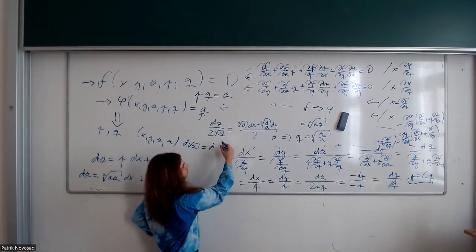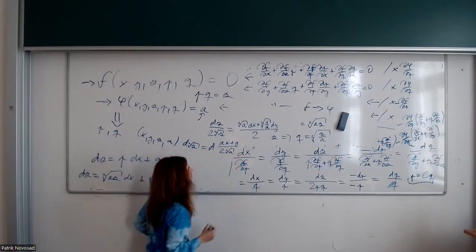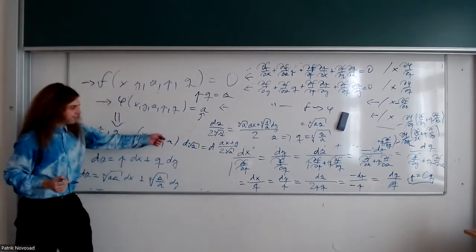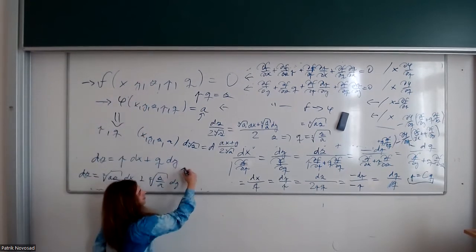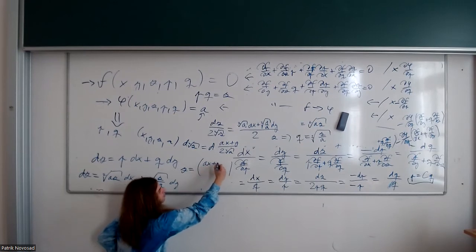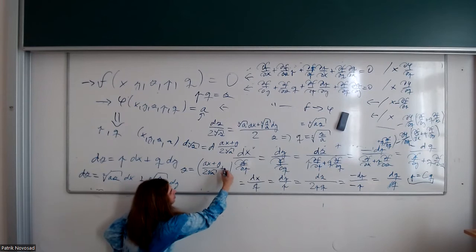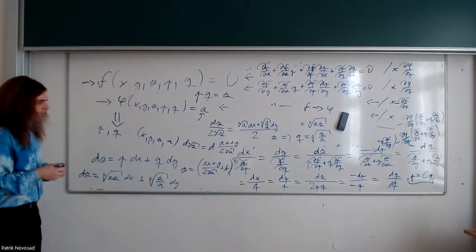This is a differential of (ax plus y) over 2 square root of a. And by this, I can integrate very easily, getting that the square root of z equals (ax plus y) over 2 square root of a plus b, so z equals that squared. And we have a complete integral.